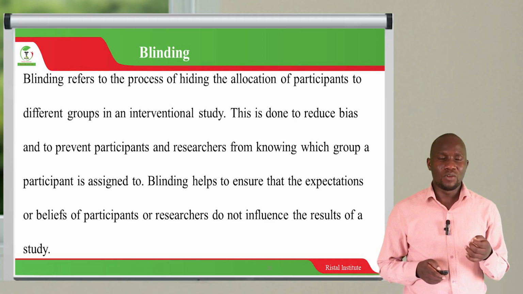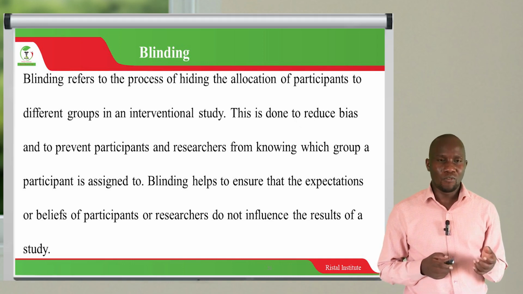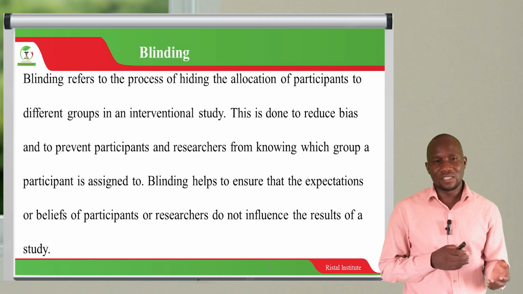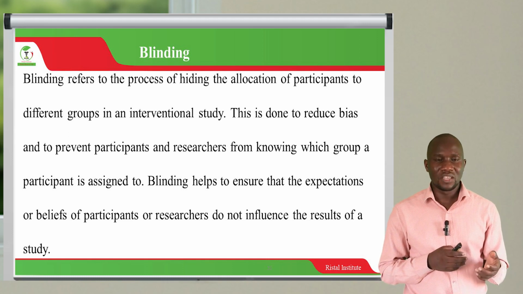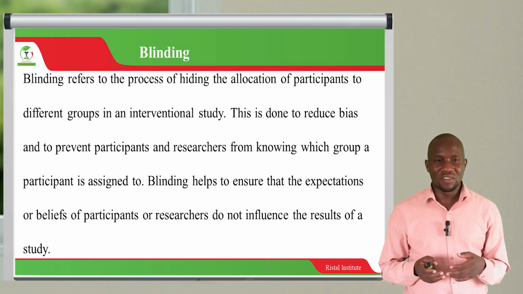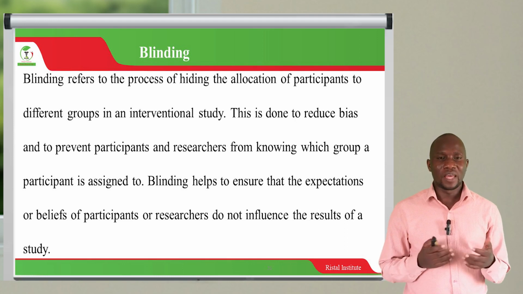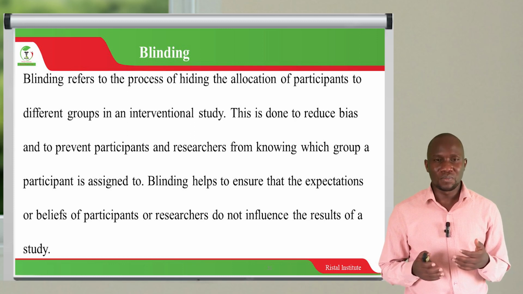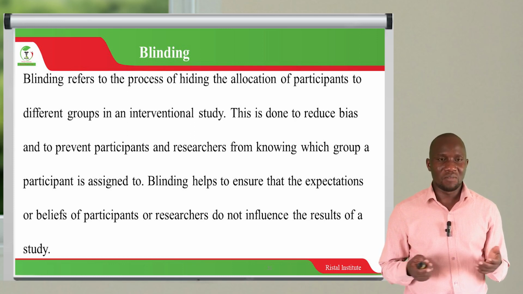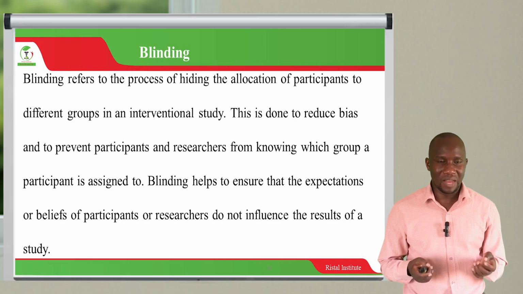So if we don't know whether a group of individuals are receiving the drug of interest or not receiving the drug of interest, or they are perhaps receiving a placebo, or even the participants themselves don't know what they are receiving, then that is the concept of blinding.